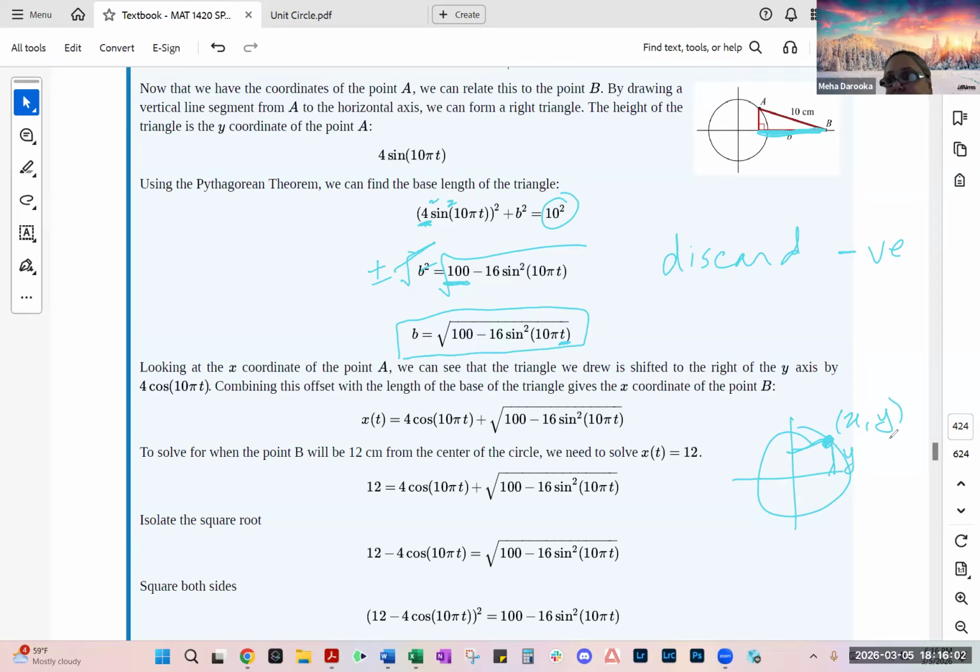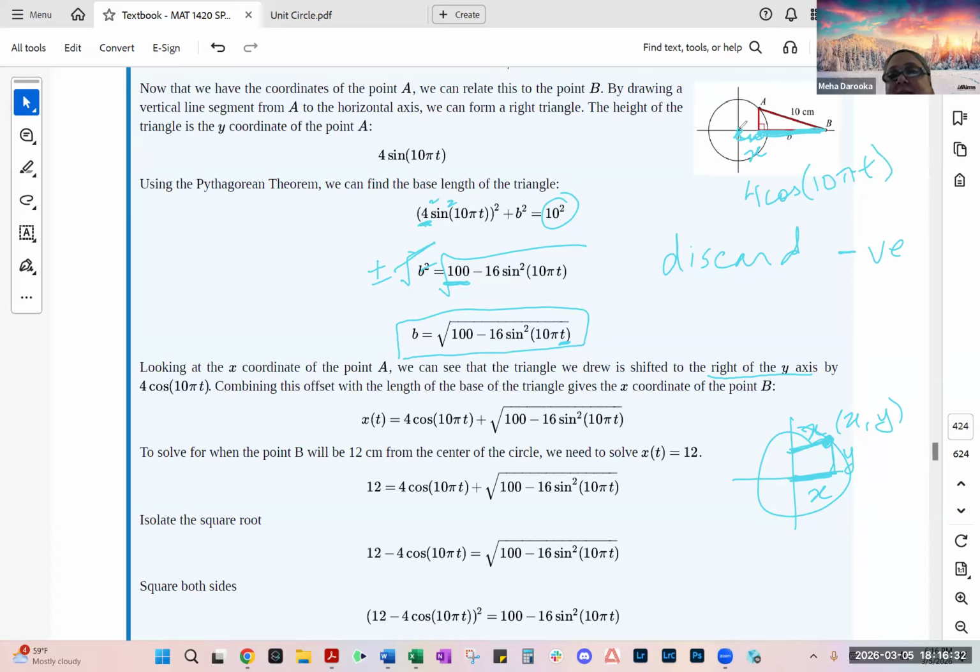The vertical distance comes from the y, the horizontal comes from the x. So obviously, if this distance here is x, we know this distance here is also going to be x. That's what they're talking about when they say the triangle has been shifted to the right. We're basically saying this distance here is the same as your x coordinate. For point A specifically, we know the x coordinate has this value here.